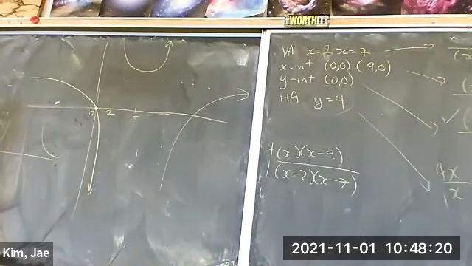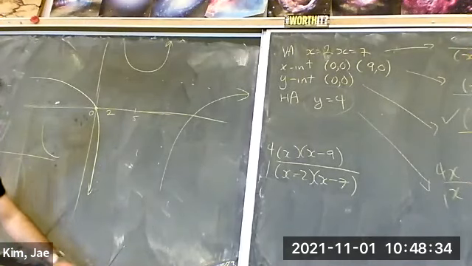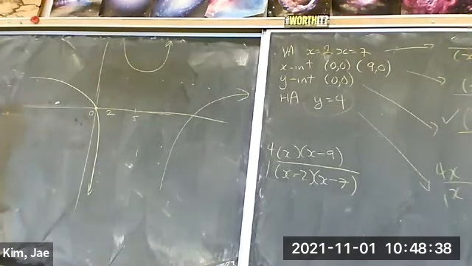Okay. Just to ensure that your graph is correct, you can just plug in an accuracy point, is what I was trying to get at. What else is there? I guess that's it.